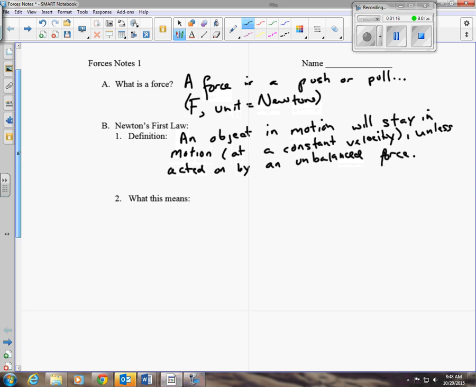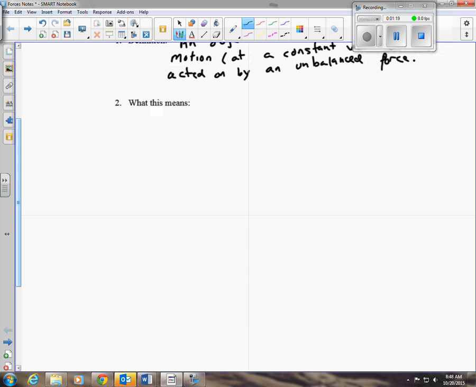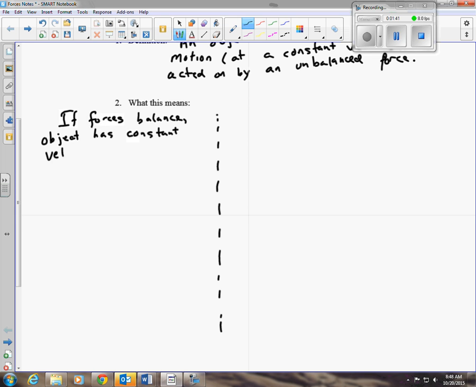Now, for the section that says what this means, we're going to divide it into two parts. On the left side, we're going to say if force is balanced, the object has a constant velocity. And remember, velocity means both speed and direction.